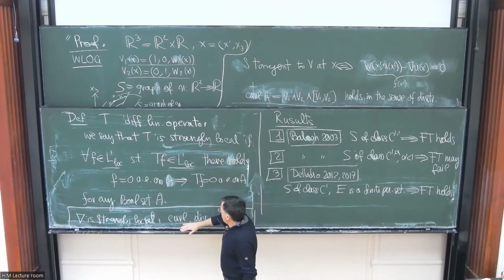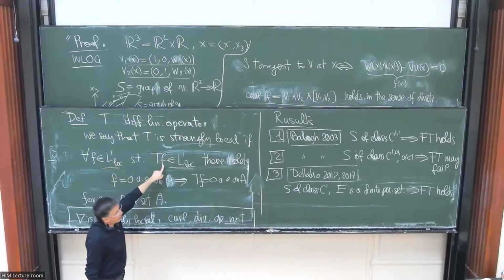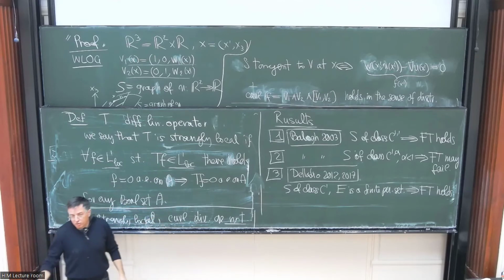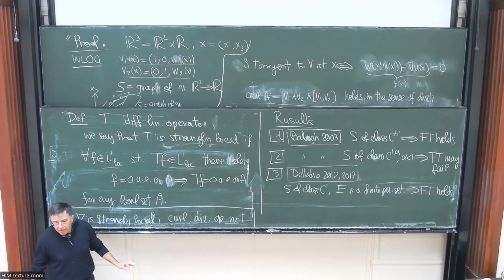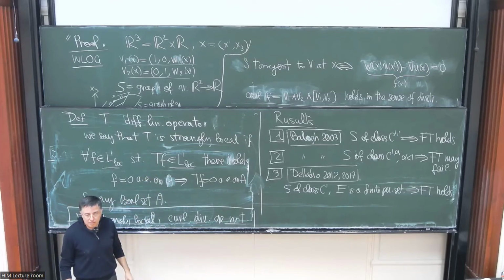But here is the problem. When I take curl and divergence, I'm only assuming that the curl is in L1, not that the entire derivative is in L1. Of course, if the entire derivative is in L1, and the gradient is 0, then also the curl is 0, clearly. But I'm not assuming in this statement that the entire derivative is in L1.